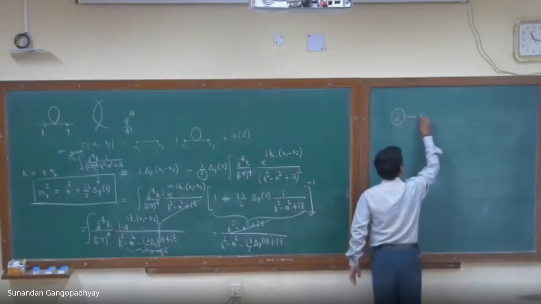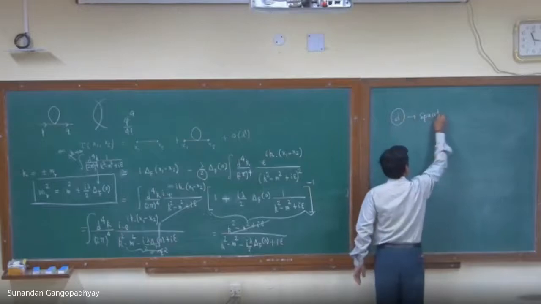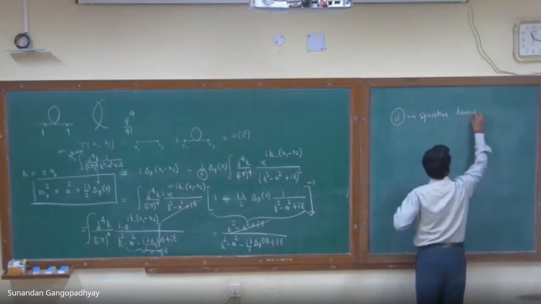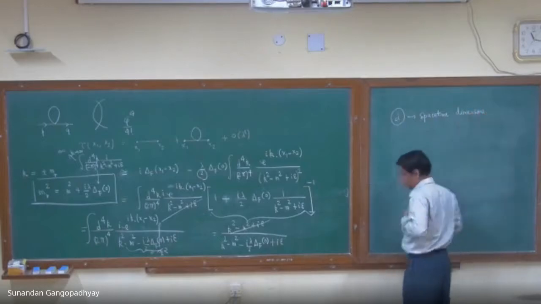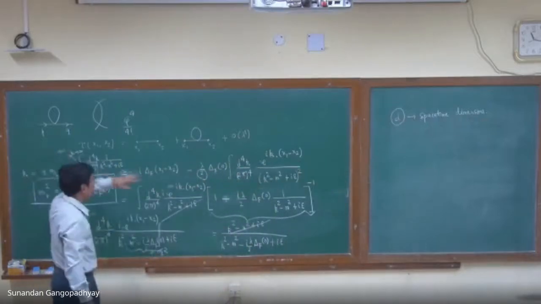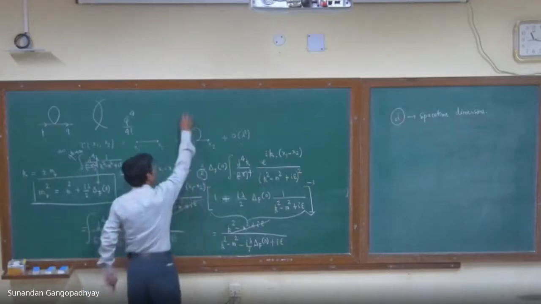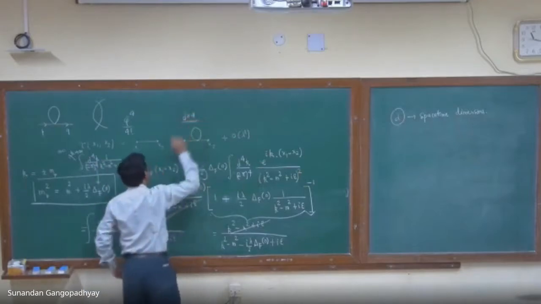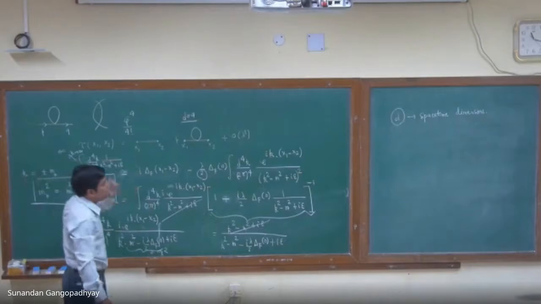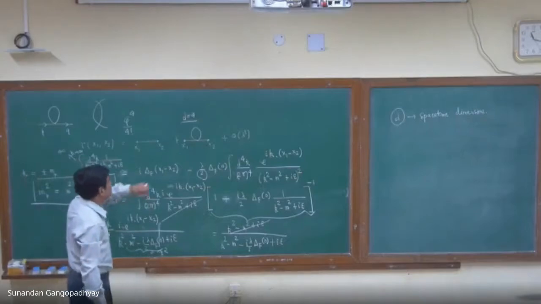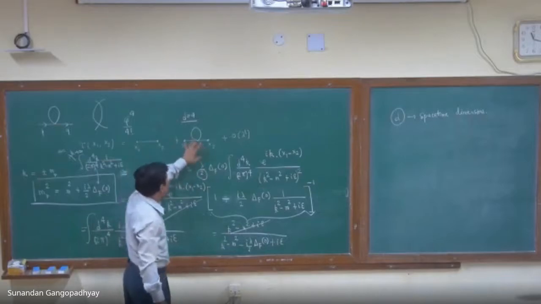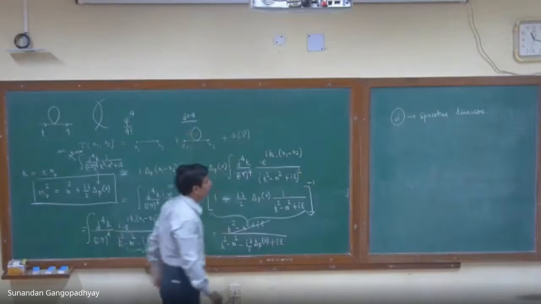This diagram we have been discussing is in d equal to 4, so let us do it in general. What is the degree of divergence of this diagram?